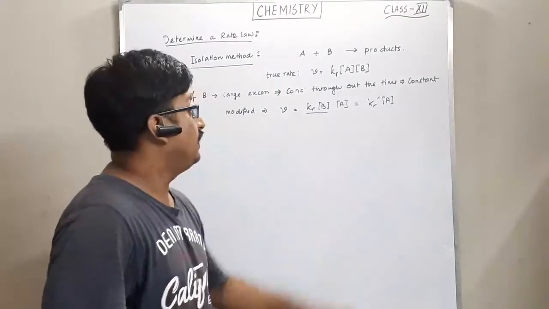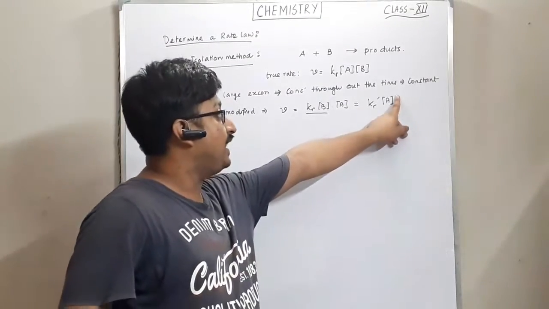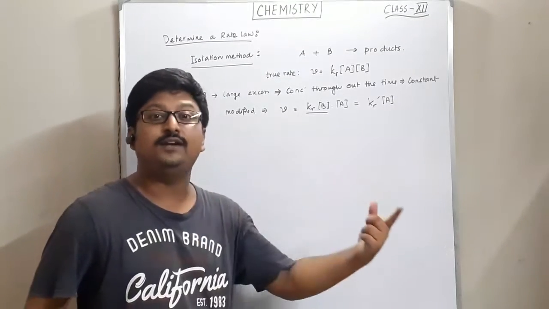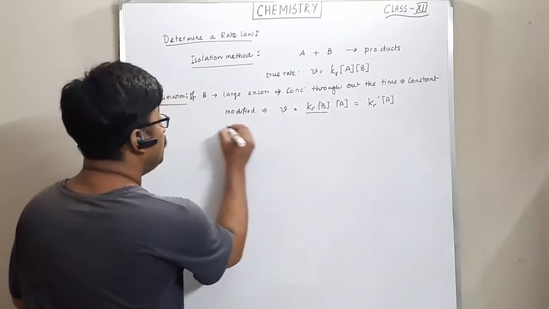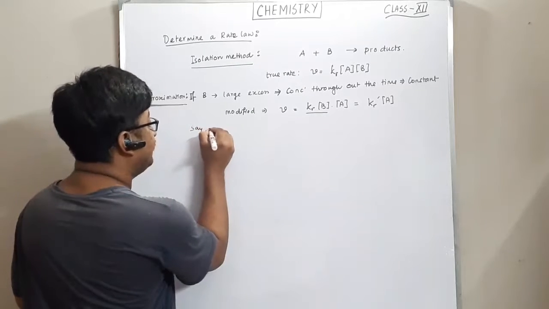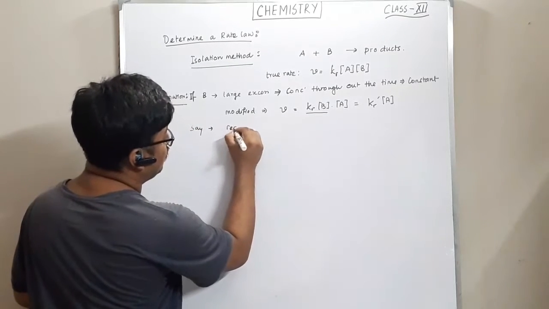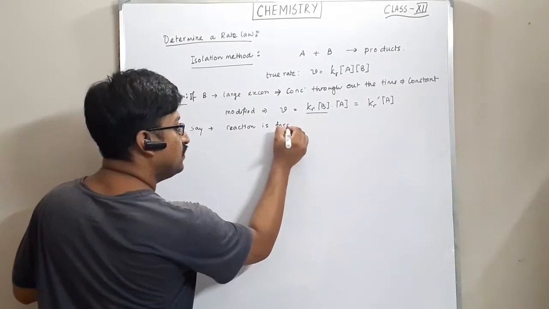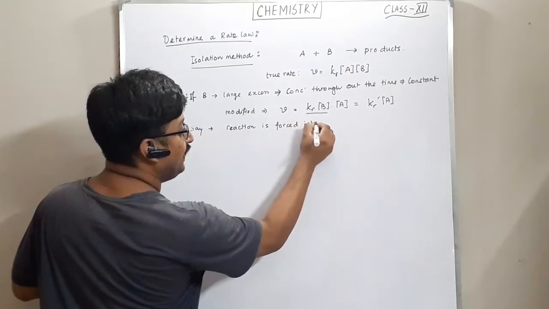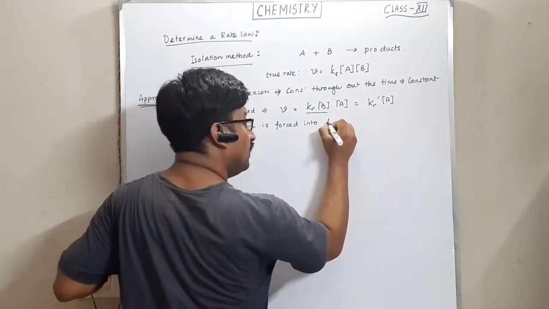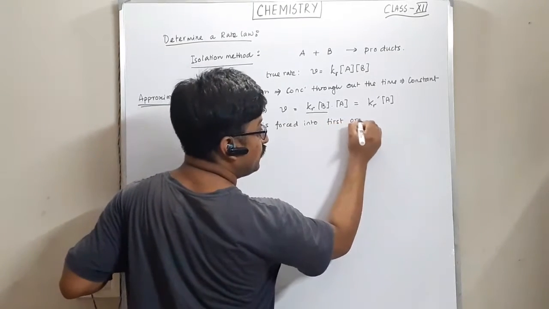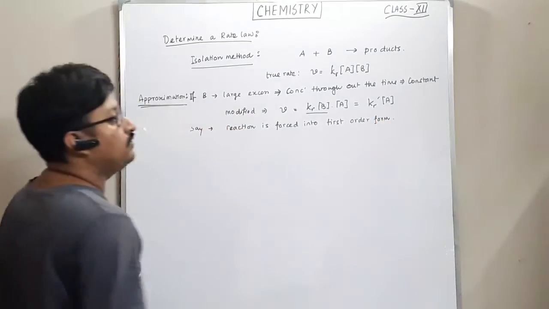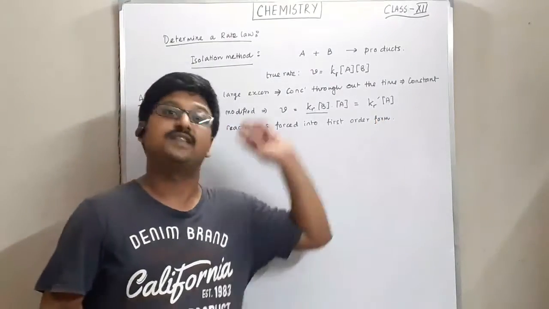But now, if I assume that A has power 1, you can think that the reaction is forced into the first order form from the second order.